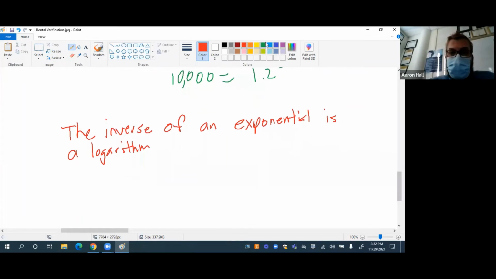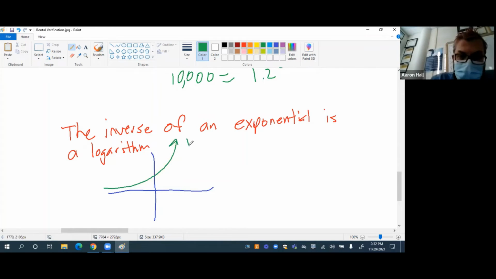And graphically, let's just write this out. We'll say this is y equals a to the power of x. And the inverse of an exponential is a logarithm. So an inverse graphically is a reflection across what line? Y equals x.